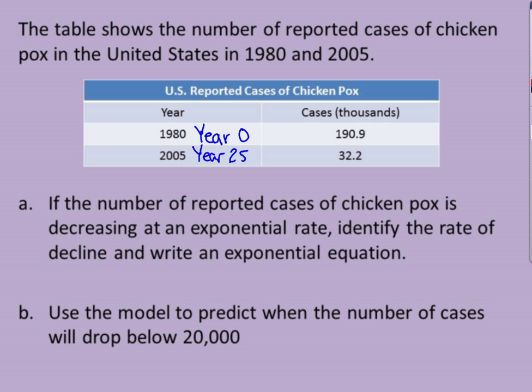So we know our n sub 0 is equal to 190.9 thousand cases, and our n sub 25 is 32.2 thousand cases. Now, this doesn't tell us it's compounded continuously, so we're just going to use non-continuous.